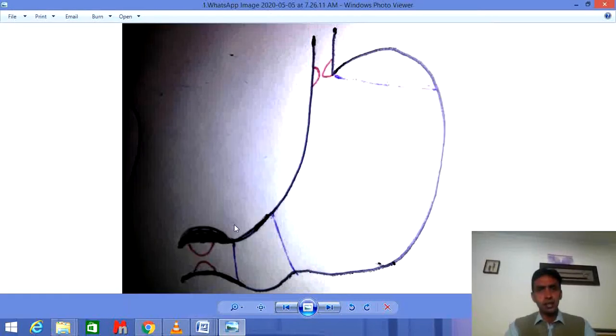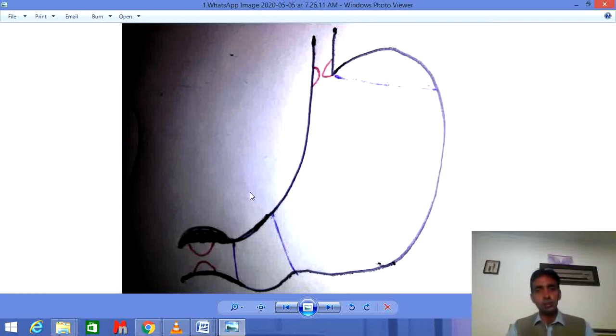This is just an anatomical location, which is used by the physician for the division of the stomach. This divides the stomach into right side and the left side.